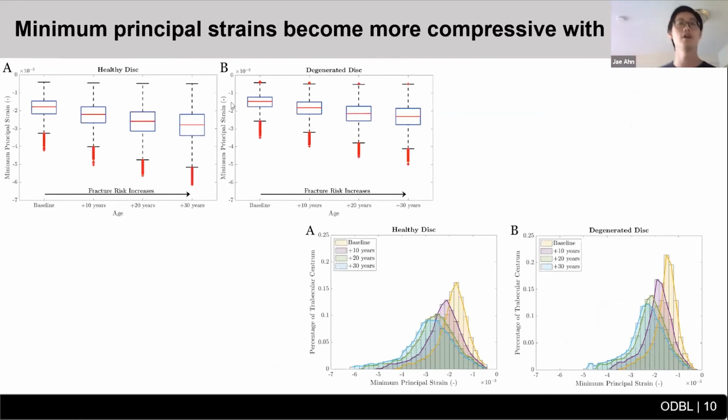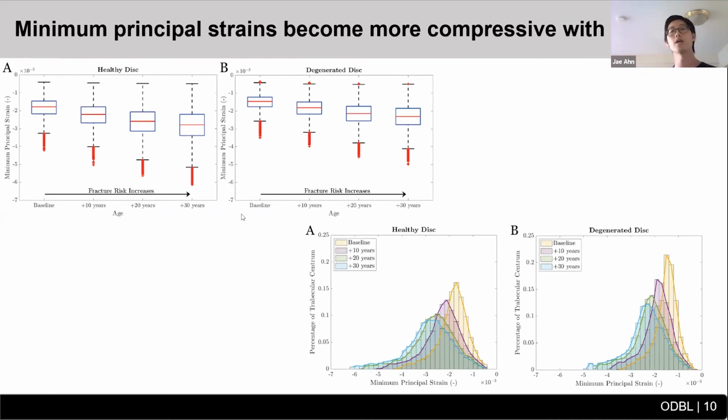But okay, so now moving on to the main results. You see a bunch of box plots and some histograms down here, and you can see that regardless of the condition of your disc, there is a general increase in fracture risk as you age over time, which is pretty expected.